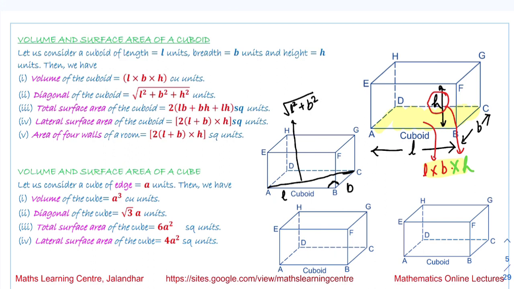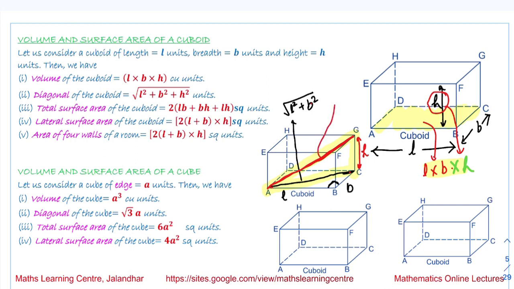Now I join A and G. I am talking about the triangle AGC. In this triangle, GC is the height, and the length of AC is this.